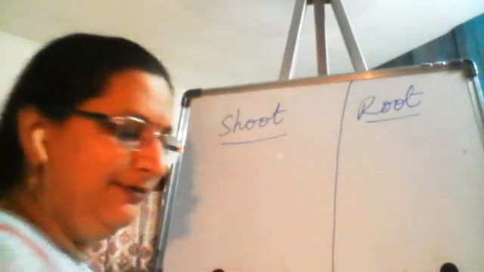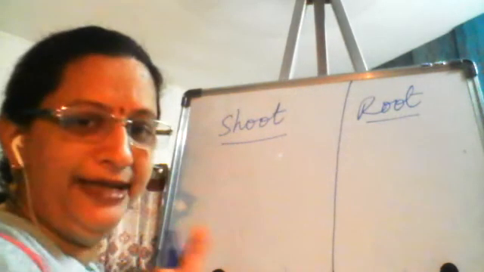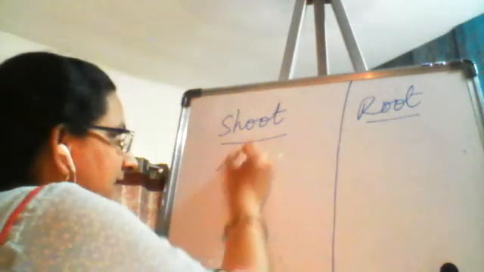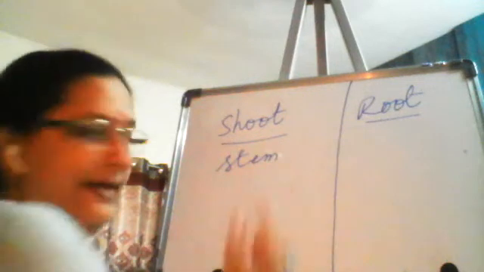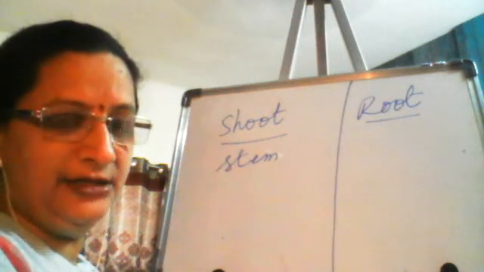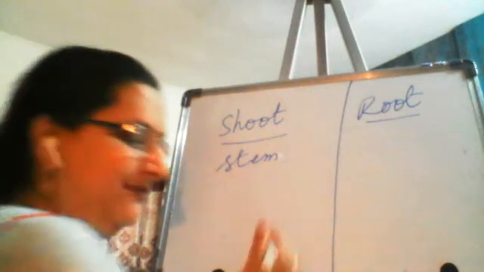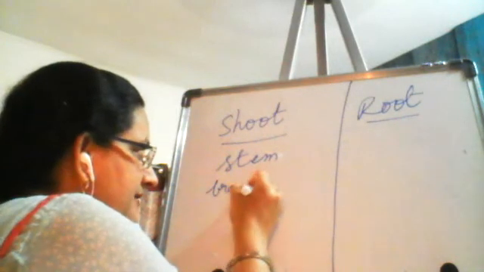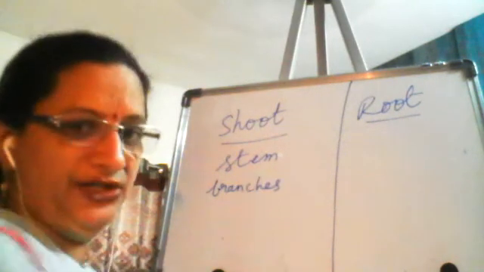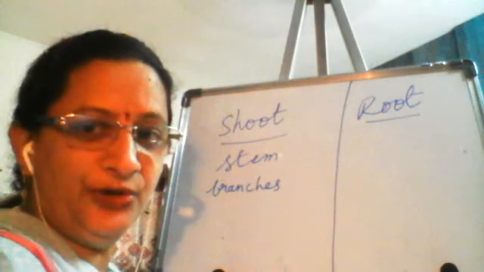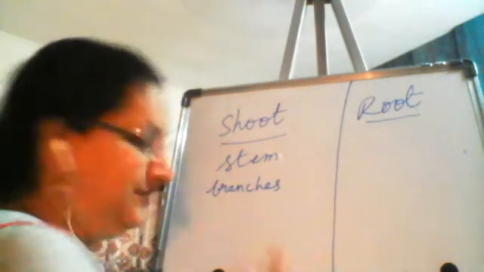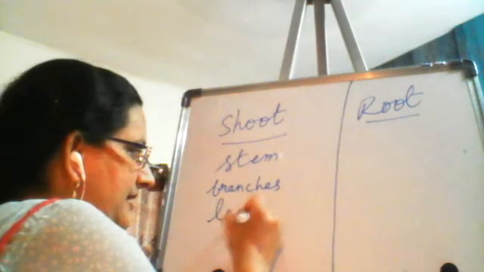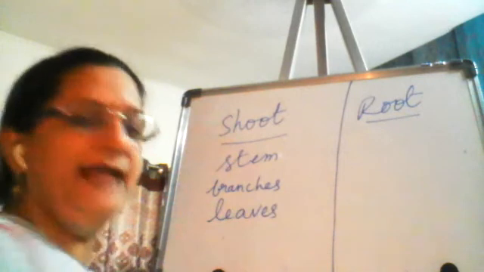First thing you have to tell me, the main stem. S-T-E-M, stem. Very good. Next, what do we have? We have branches. B-R-A-N-C-H-E-S, branches. And after the branches, what do you have? Leaves. L-E-A-V-E-S, leaves.